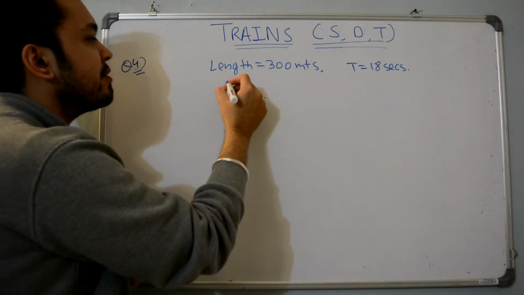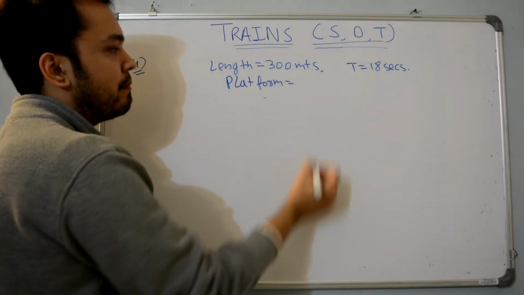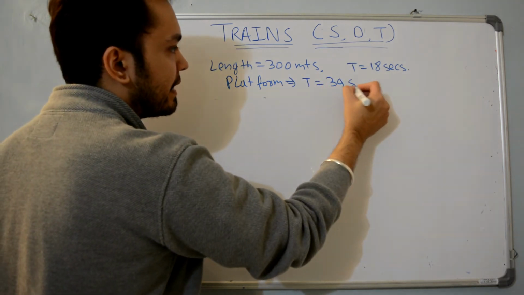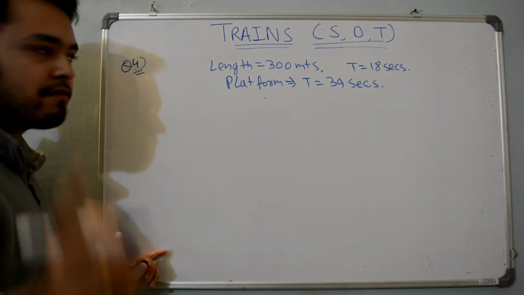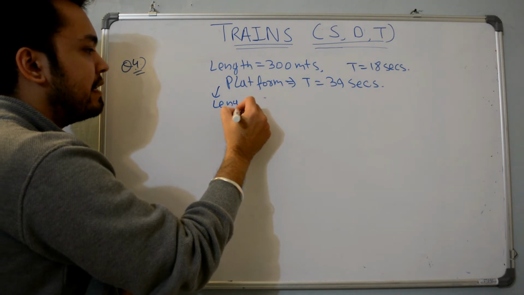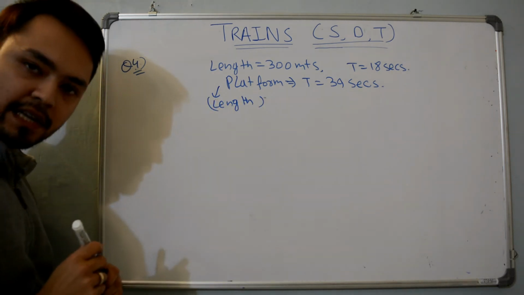And it also crosses a platform in a total time of 39 seconds. Okay, what you have to find out is the length of the platform. Clear?